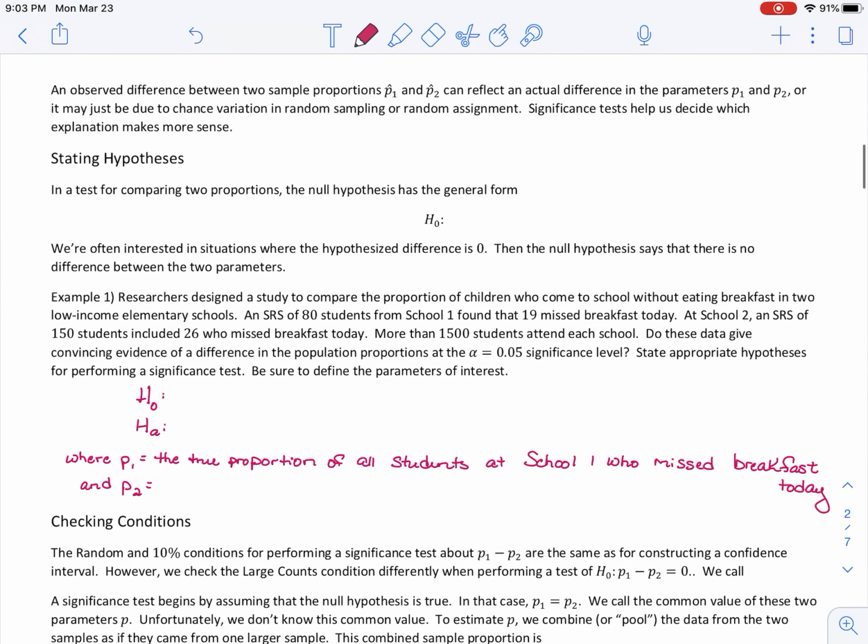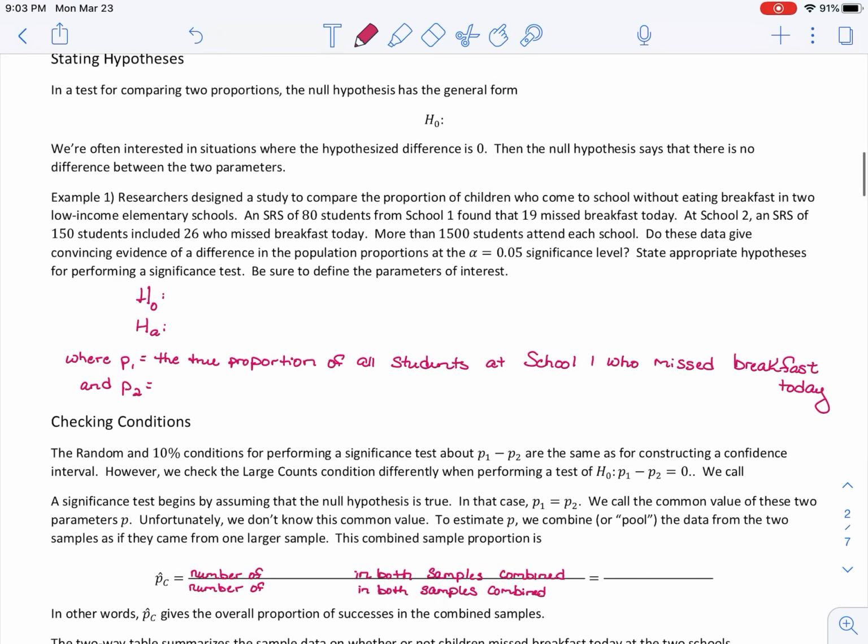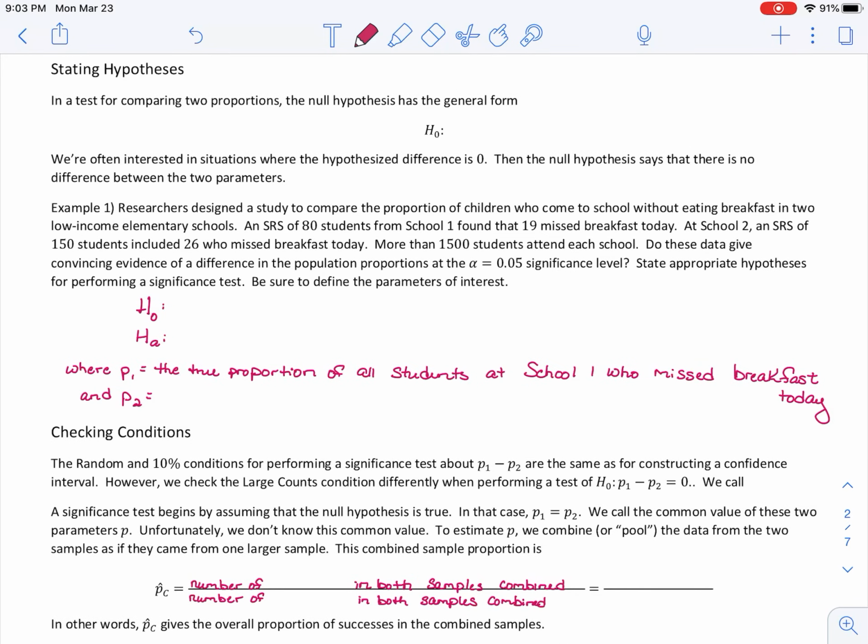So all that to say, we don't have to use simulation for this. We can use significance tests. When you do this, there are two main ways that you're going to see this written up. When you state your hypotheses, they typically have this general form. We could say that the first population proportion is the same as the second population proportion.